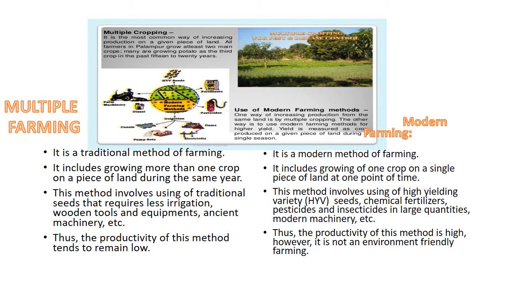So there are two major methods being used in Palampur to increase production. Let us review both the methods, that is multiple cropping and modern farming.